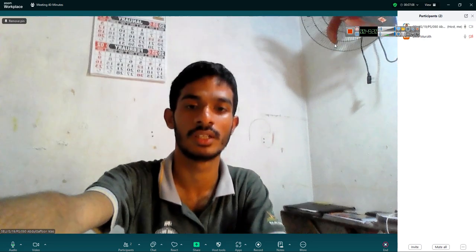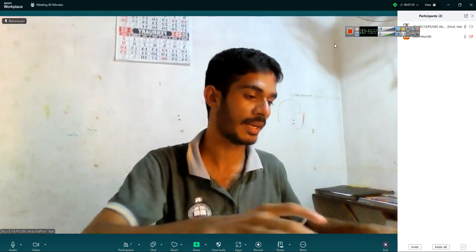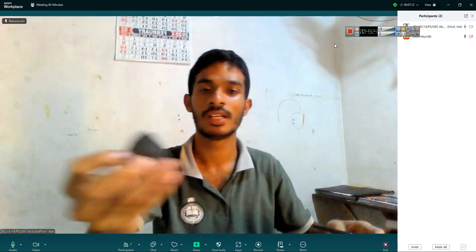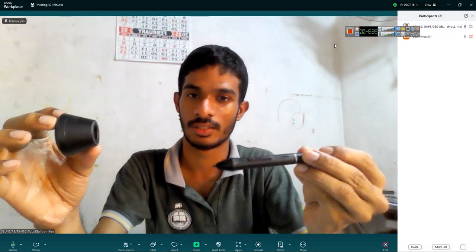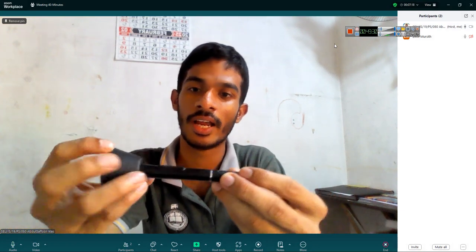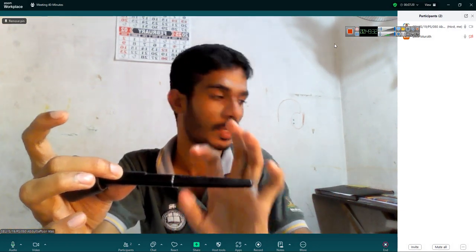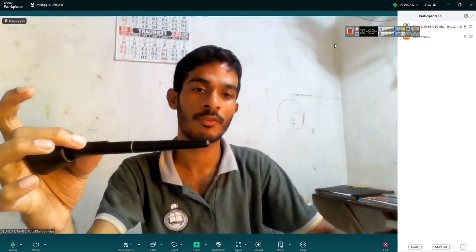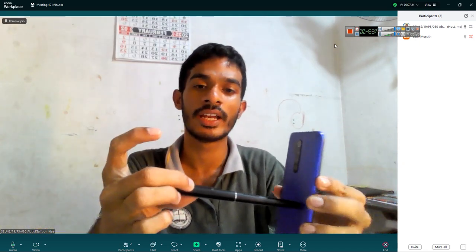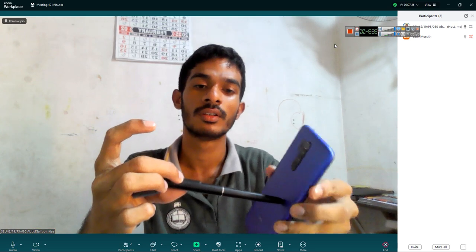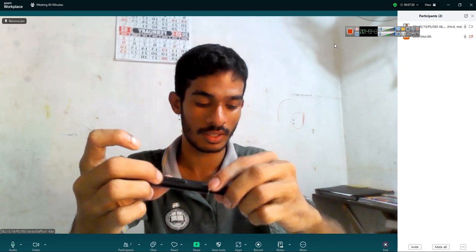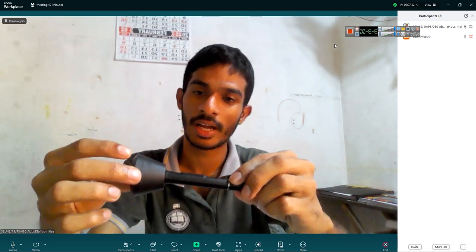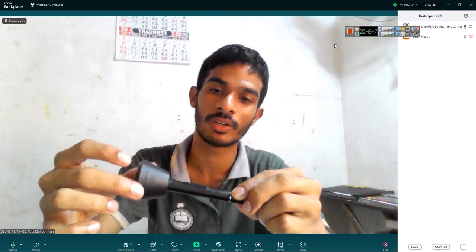Let's say this is one object, so I have this pen, and I have my phone here. Can I rotate my phone? Yes, I am able to rotate my phone, and I can rotate this one also.